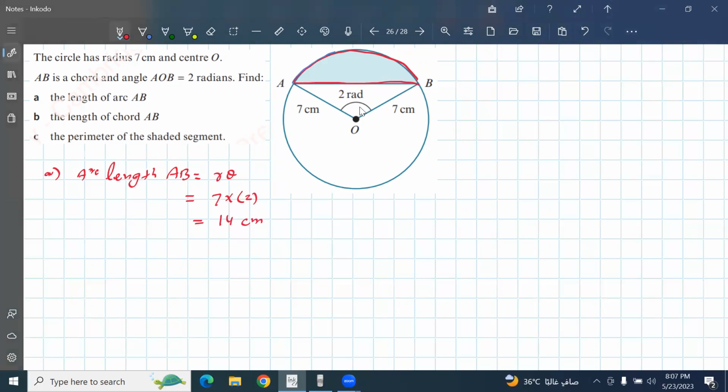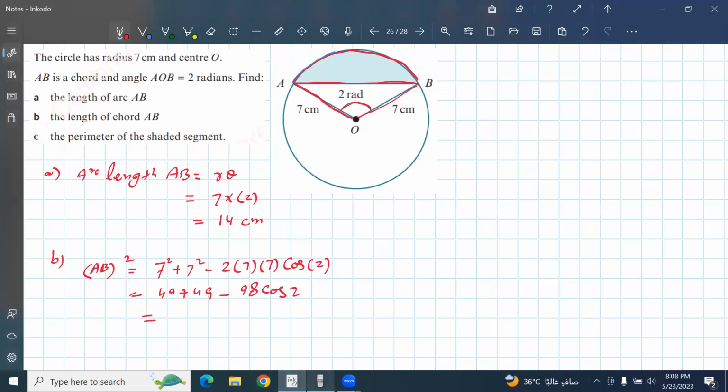For chord length, we will apply the cosine rule from trigonometry. You can see that we know the other two sides and the angle as well. So AB whole square is equal to 7 square plus 7 square minus 2 into 7 into 7 cos 2 radian. So this is 49 plus 49 minus 98 cos 2.